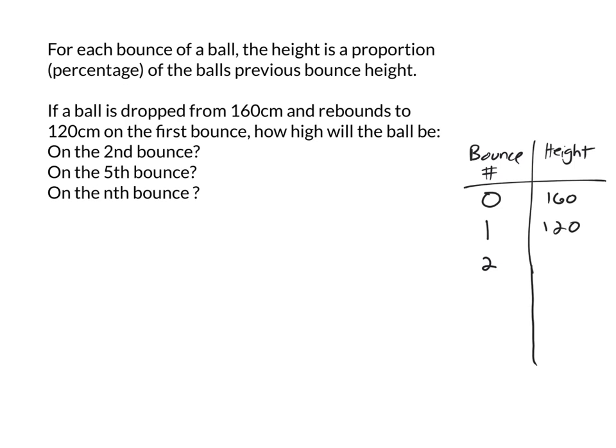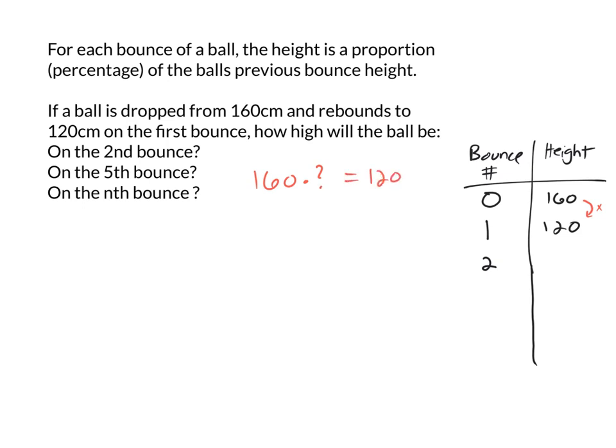And we don't actually have to continue this, but notice this is an exponential equation, which it tells me it's a proportion or a percentage of the ball's previous bounce. I have to figure out what do I have to multiply here? 160 times what equals 120?